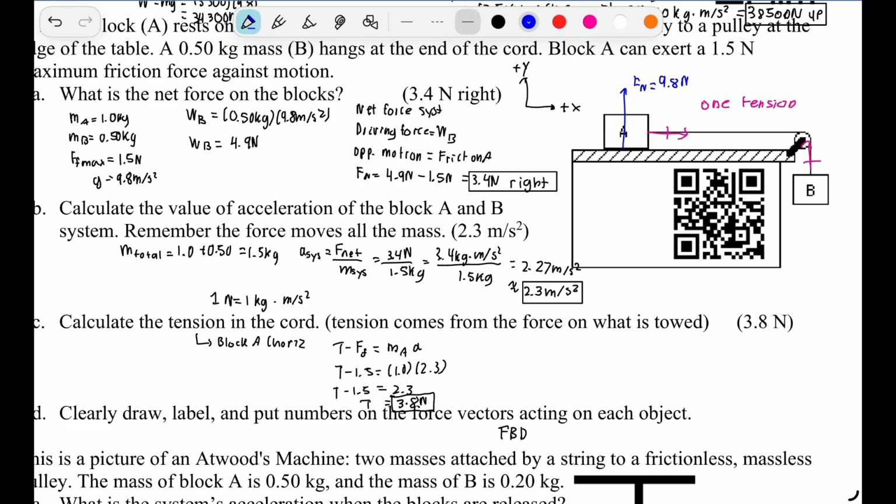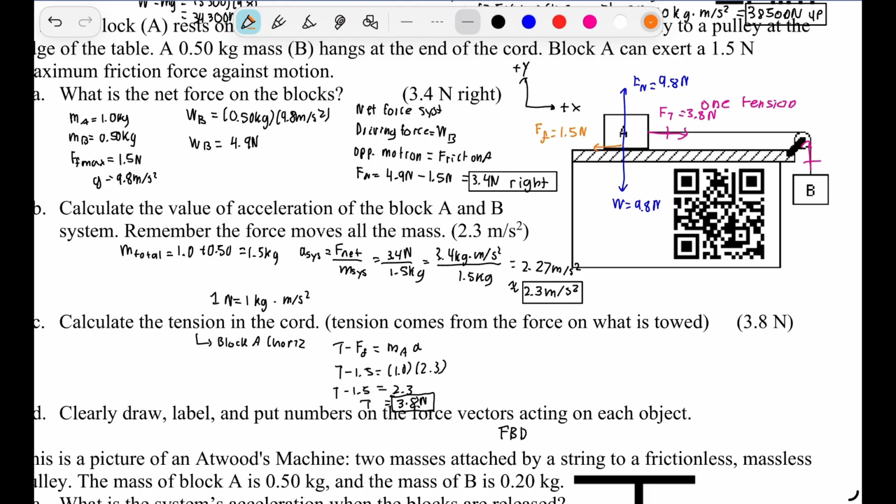Now, downward, we have our weight, which is going to equal 9.8 newtons. On the right, we have our tension force, Ft, which is going to equal 3.8 newtons. And to the left, we have our friction force, which is going to be equal to 1.5 newtons, Ff.